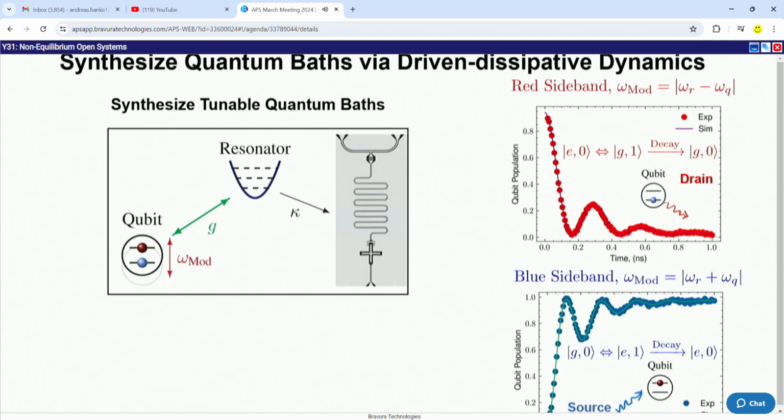We can see the reduced qubit dynamics. For the red sideband, the qubit population will decay to 0 eventually, and for the blue sideband, it will go to 1. I will use drain and source buses to refer to these incoherent processes in the rest of this talk.